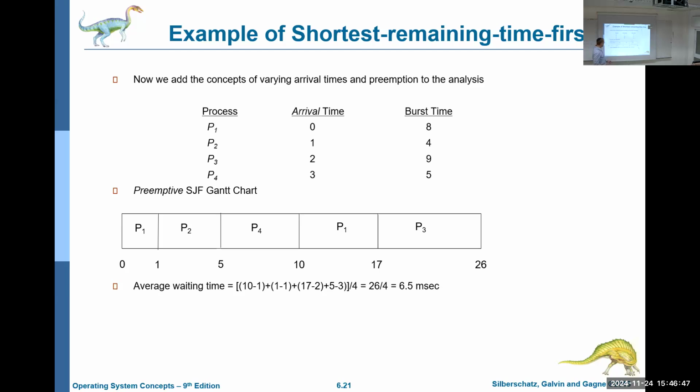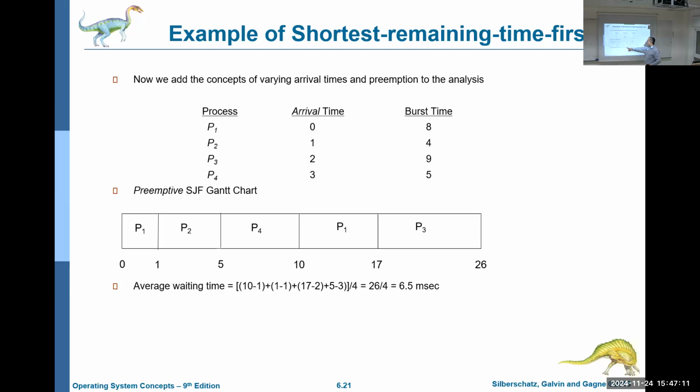Now it's true that P2 started only at 1, but he only arrived at 1. So it's 1 minus 1, or 0. Now, what about P3? P3 started at 17, but he didn't wait the whole 17 because he only came at time 2. So 17 minus 2.